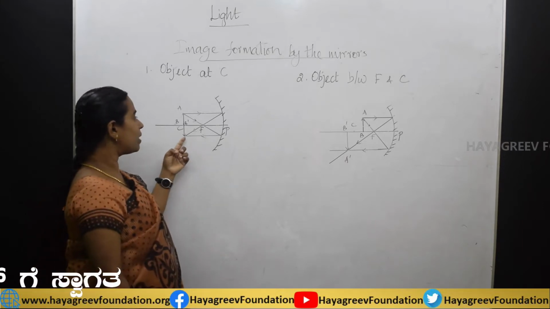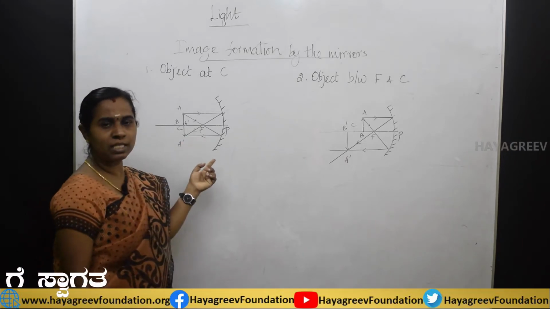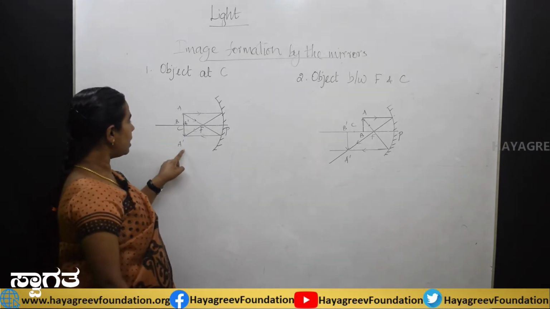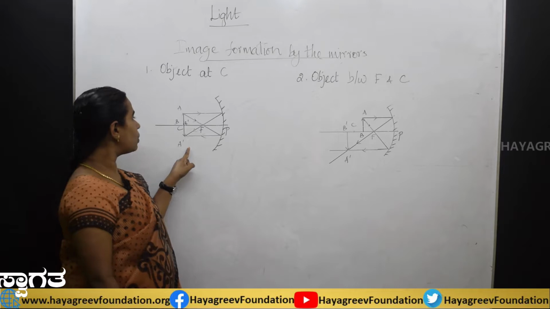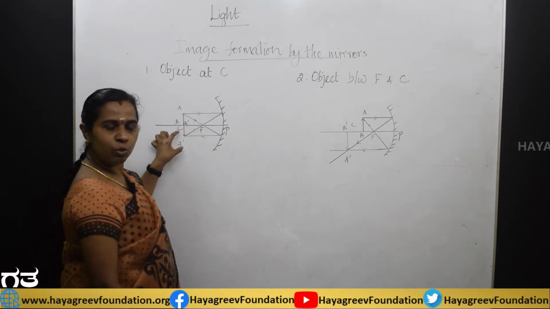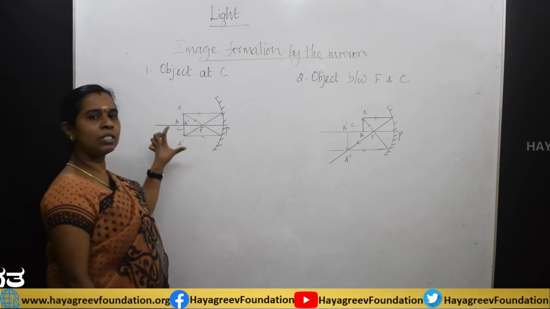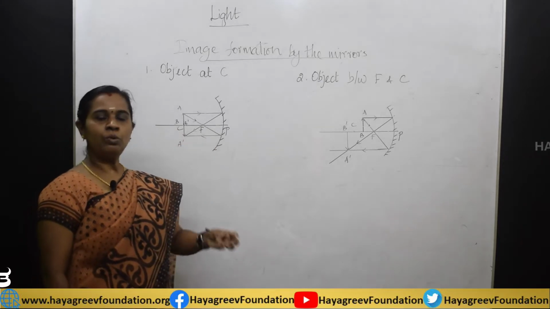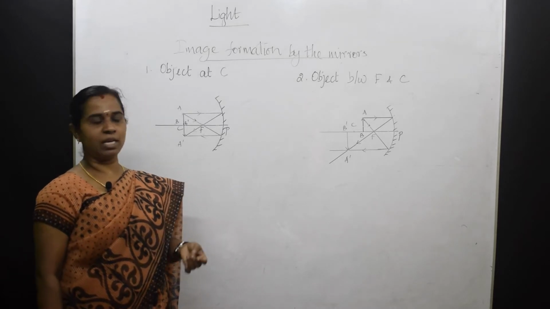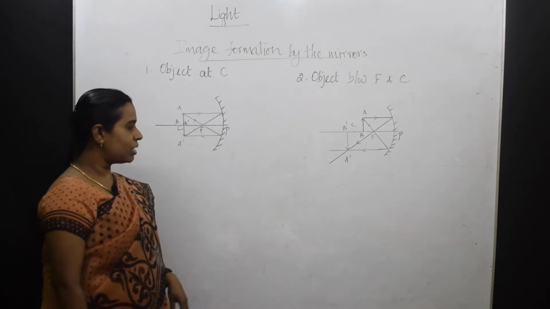Where the 2 reflected rays meet, the image will form at that place. So, here the image A dash, B dash is also formed at C. The height of the image is equal to the height of the object, so the size of the image is the same. So, a real, inverted and same size image is formed at C.